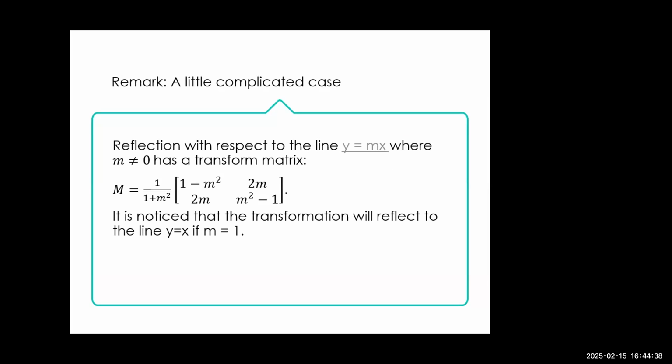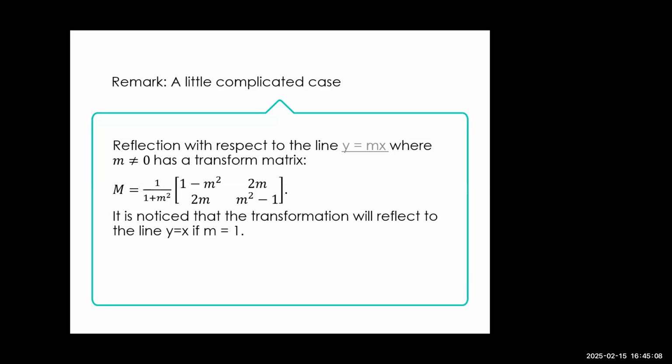A more challenging case is, how about reflection along y equal to mx? We always say y equal to mx plus b in my college algebra class. But how about we remove the b, and we just put the mx only, where m is not equal to 0. So this is the general formula. And then how do you reflect your object along the line y equal to mx?